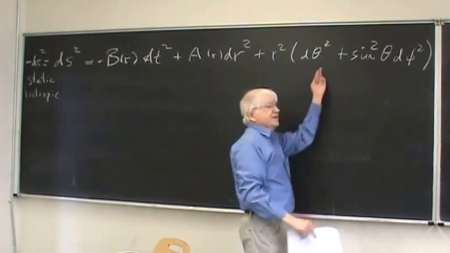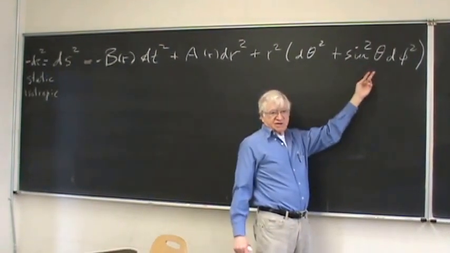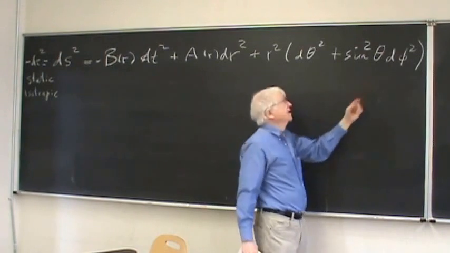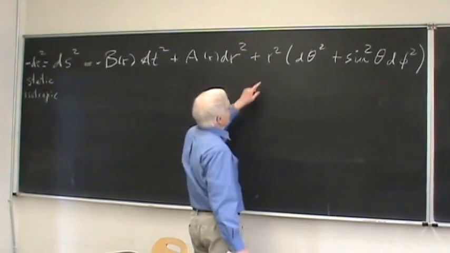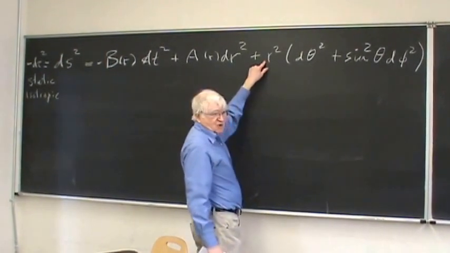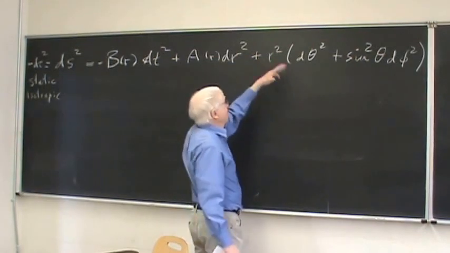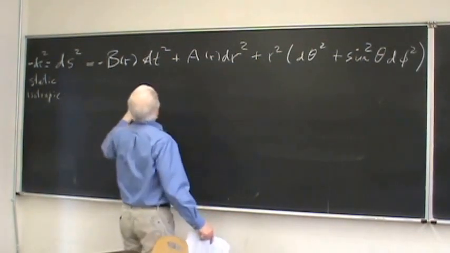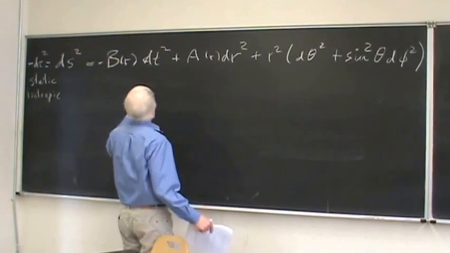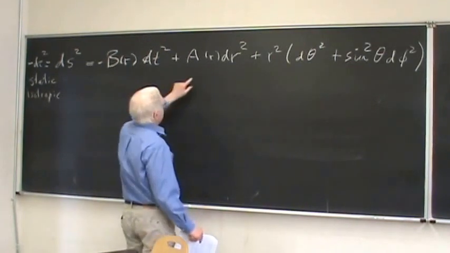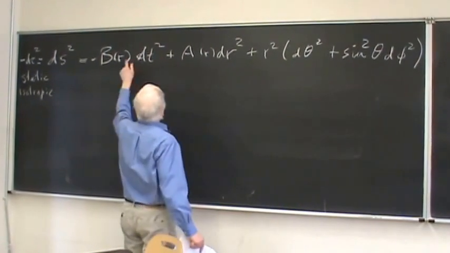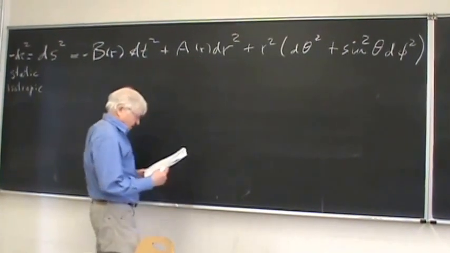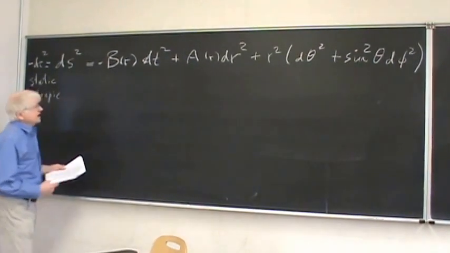Almost always in relativity you have this combination. That's from isotropy, and you almost always choose coordinates so that you have an r squared times that. And for the case in which we've got just static and isotropic, you've got two functions of r. This is called standard form.